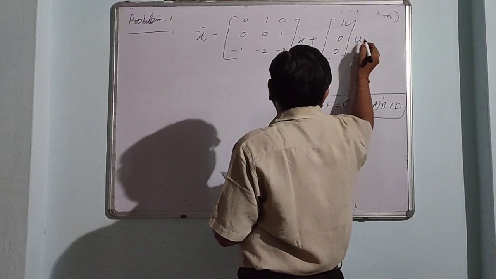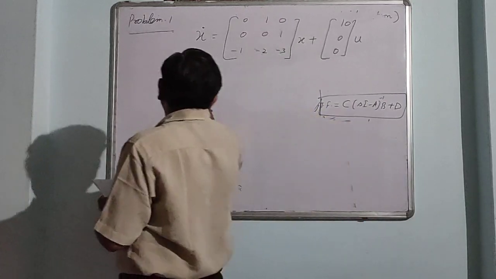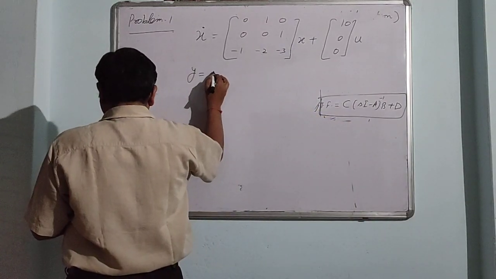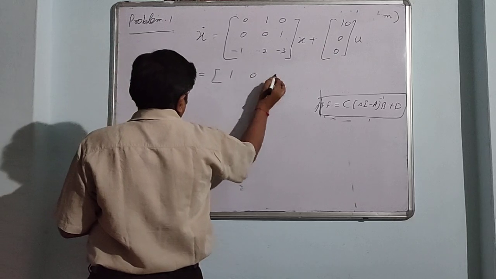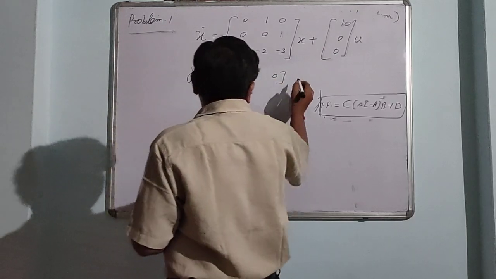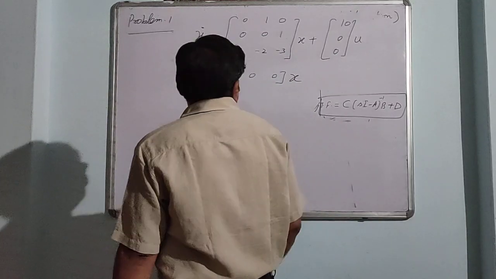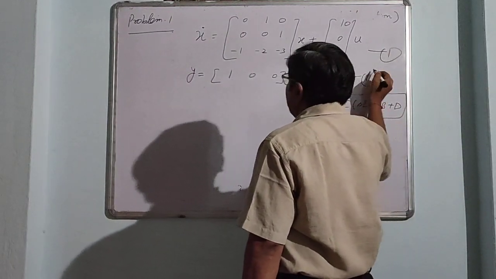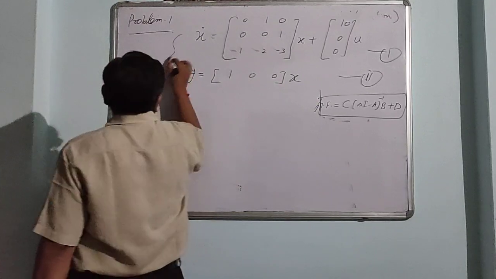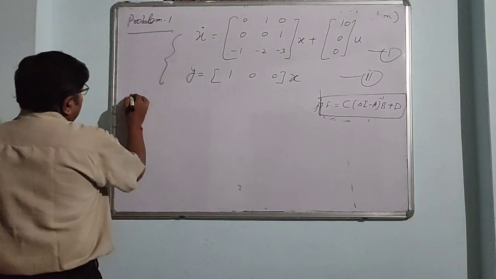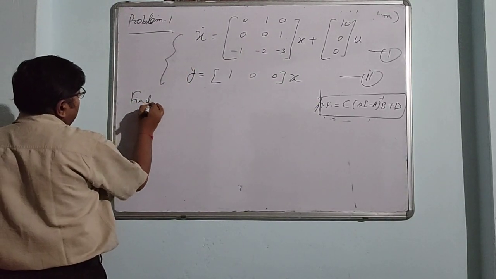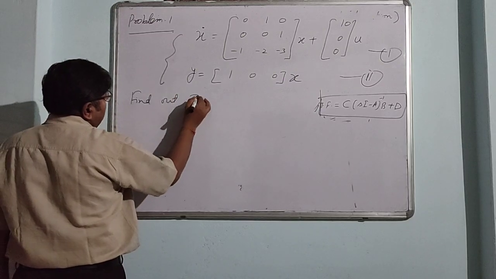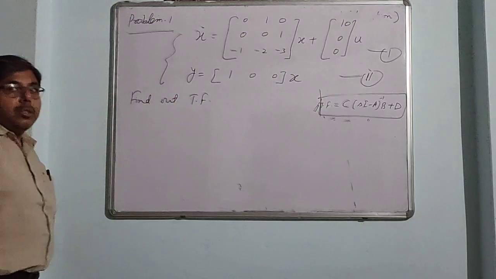This is the input, and output expression is given by 1 0 0. So these are two equations 1 and 2. So any system is represented by these two equations. You have to find out transfer function. This is the question.